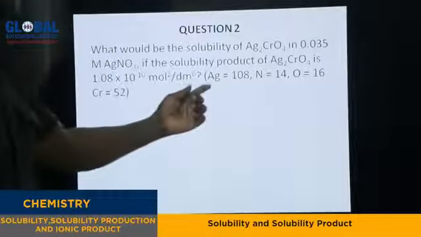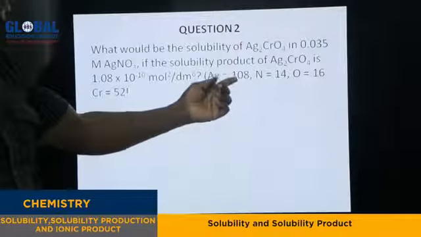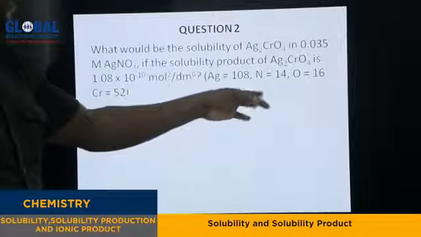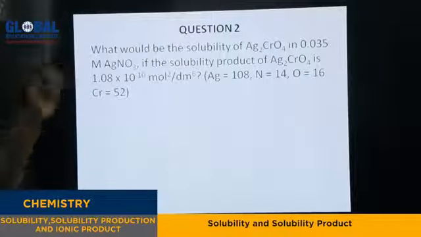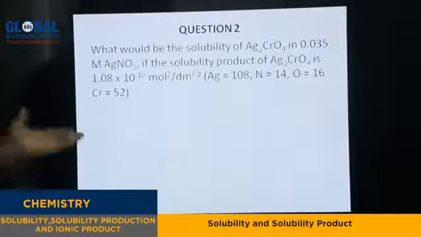And given the relative atomic mass of silver is 108, that of nitrogen is 14, that of oxygen is 16, and that of chromium is 52. So that is our question now.